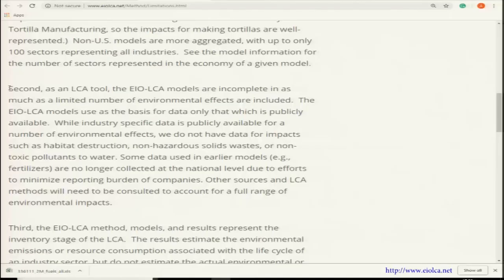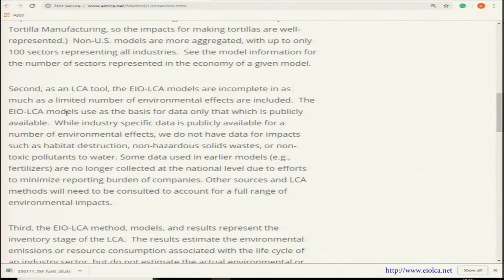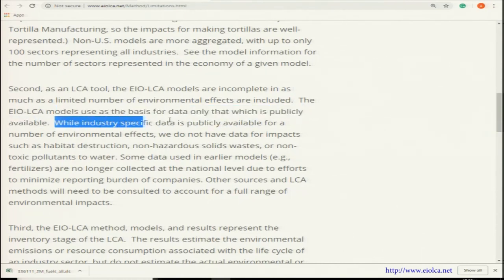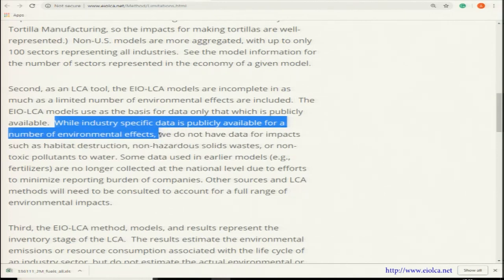Similarly, the second limitation is that as an LCA tool, EIOLCA models are incomplete in as much as a limited number of environmental effects are included. The EIOLCA models use as the basis for data only what is publicly available, while industry specific data is publicly available for a number of environmental effects.